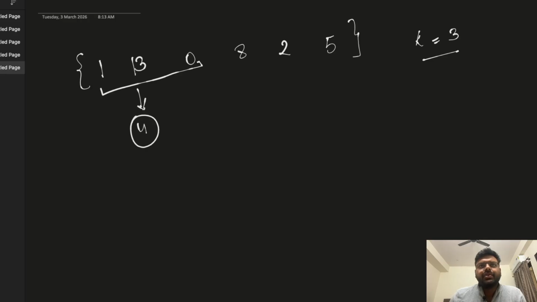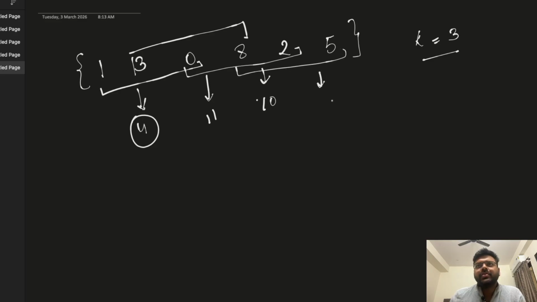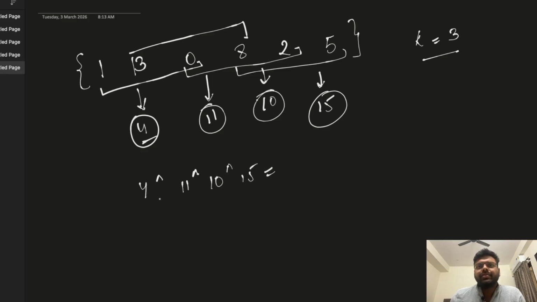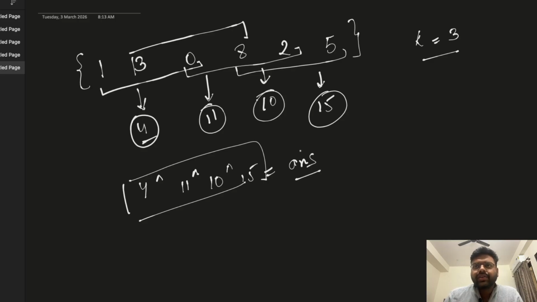The next window would be 3 0 8, so the sum of this would be 11. Next it would be 0 8 2, which is 10. Next it would be 8 2 5, so it would be 15. And then we have to XOR all of these window sums, and that would be our final answer. So this is what the problem statement is asking us to do.